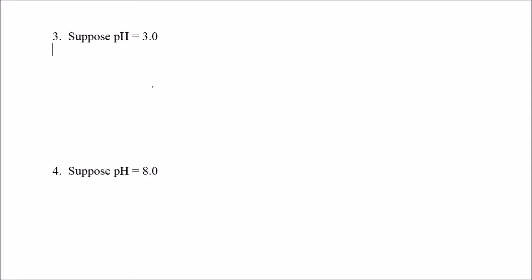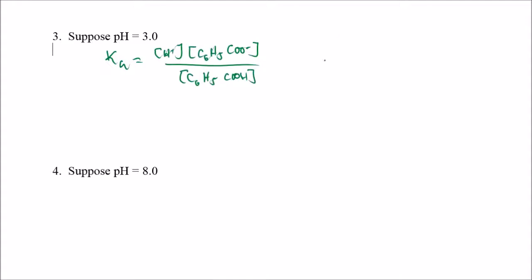Let's do some specific math now. So we have Ka equals H plus times the benzoate ion over benzoic acid, molarities. Now we know the value of that is 6.3 times 10 to the minus 5.